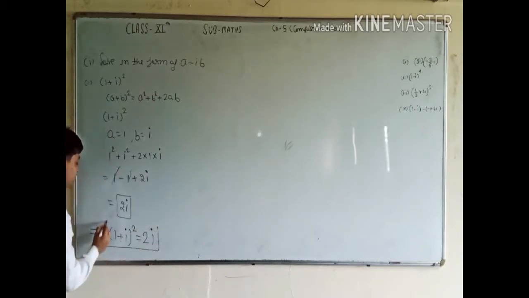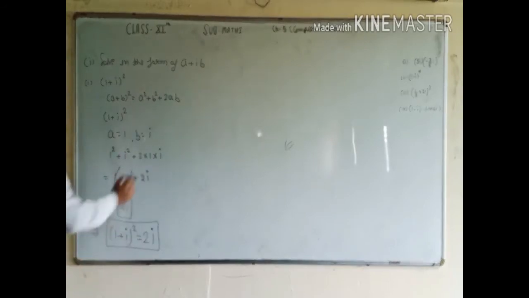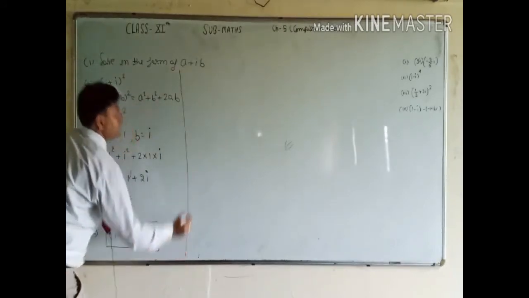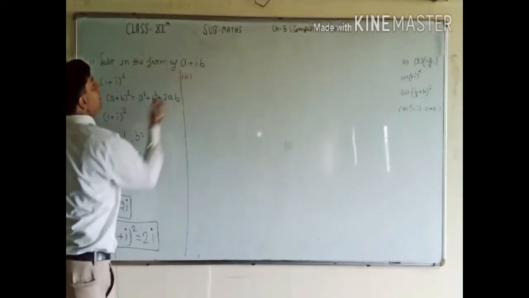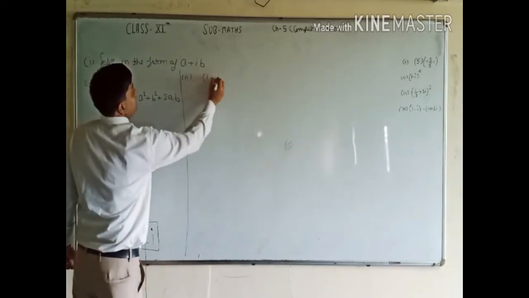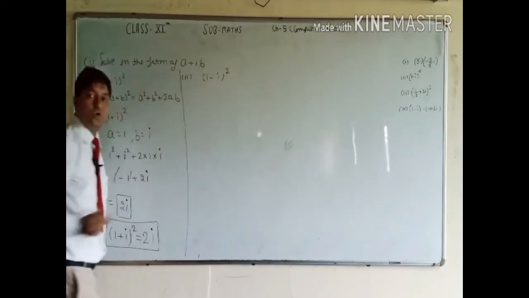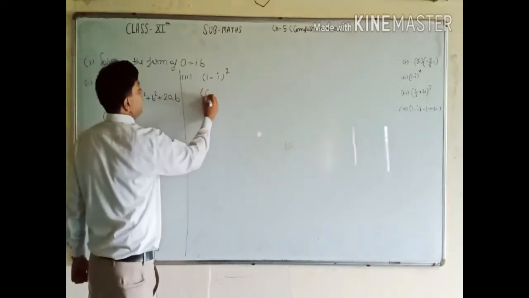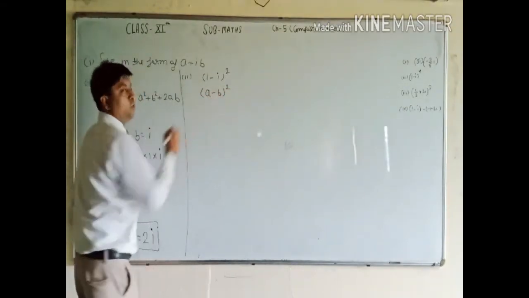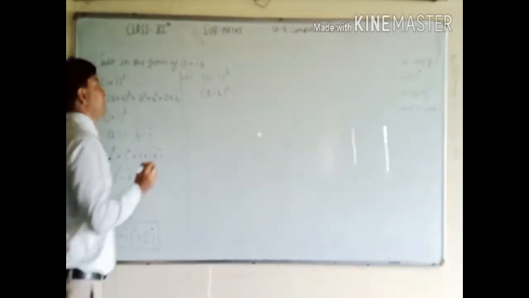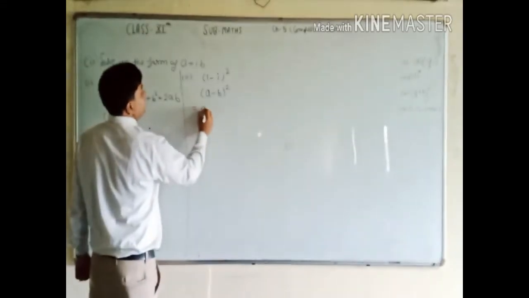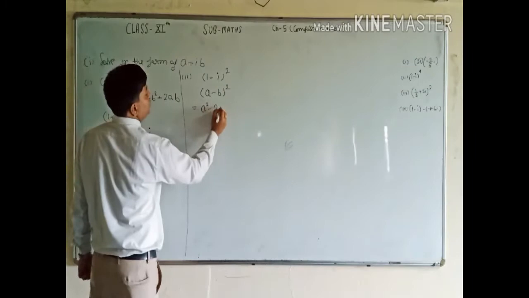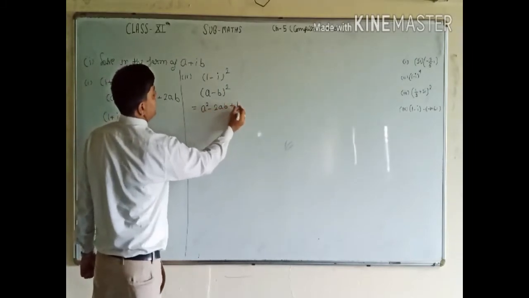Okay students, now the second question is 1 minus iota whole square. Now we know that a minus b whole square is a square minus 2ab plus b square.